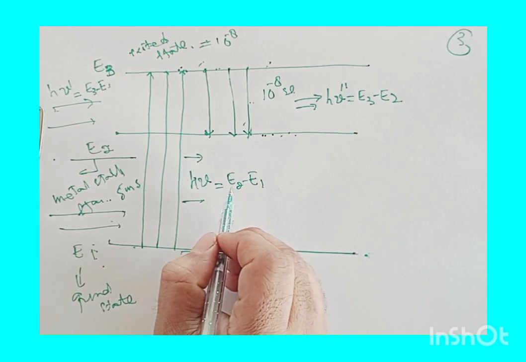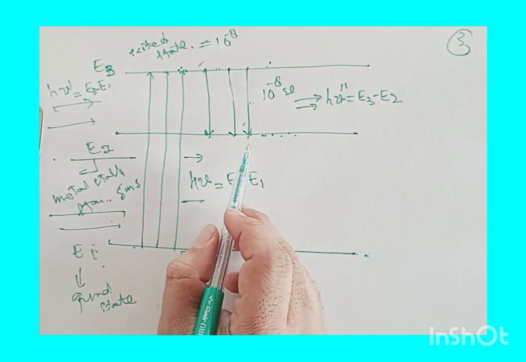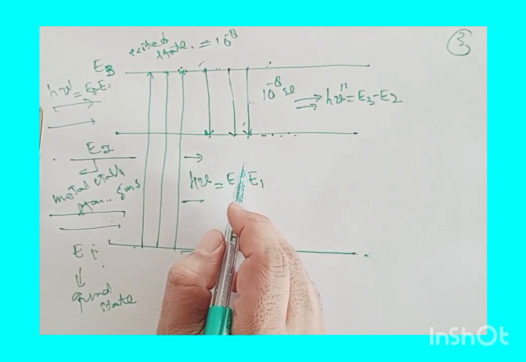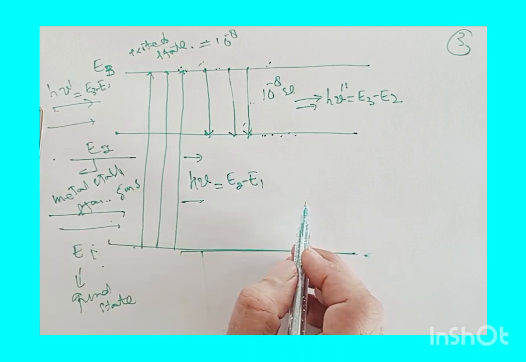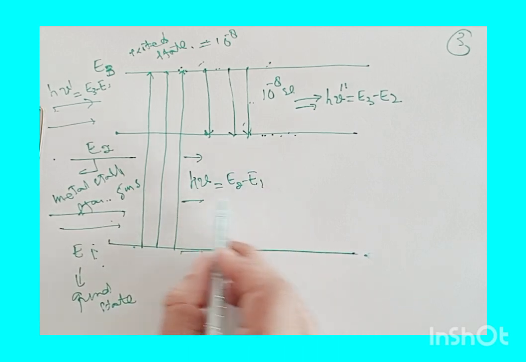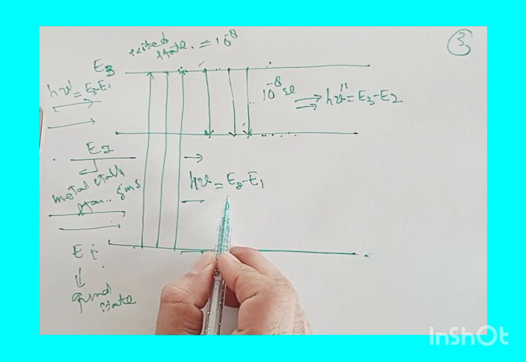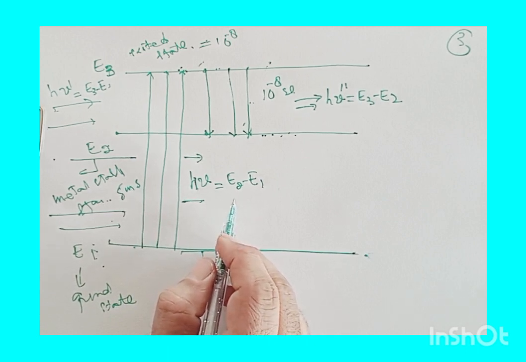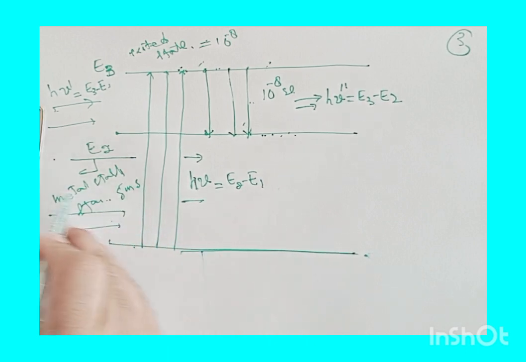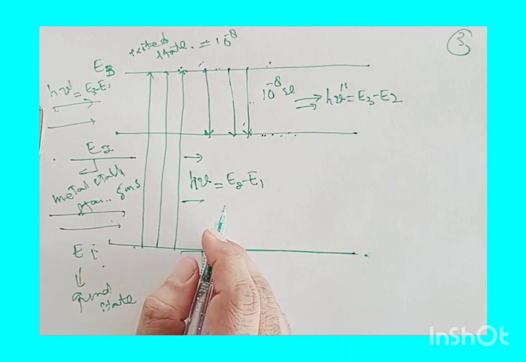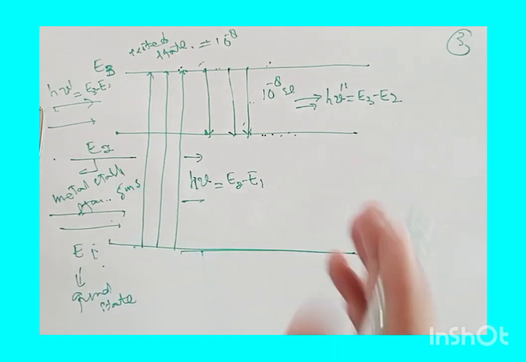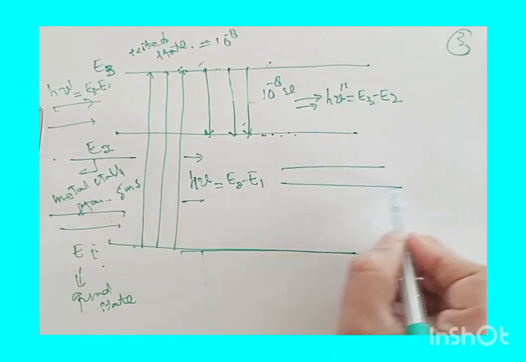The atoms in the metastable state E2 are stimulated to jump to the ground state by emitting a photon, and the energy of each photon is h nu equals E2 minus E1. These photons, along with the bombarding photons that we are bombarding on the system, have the same energy and they are in the same phase.